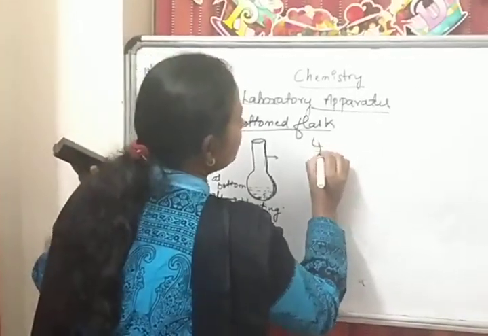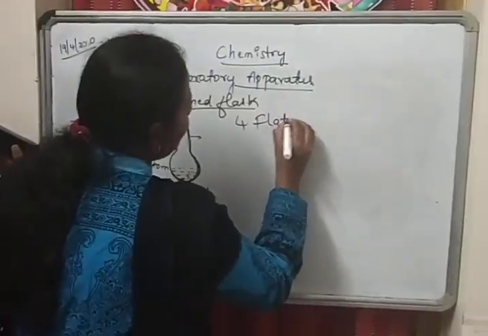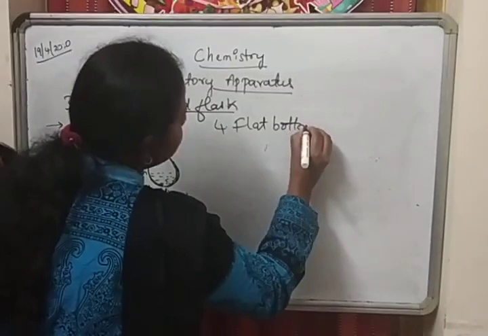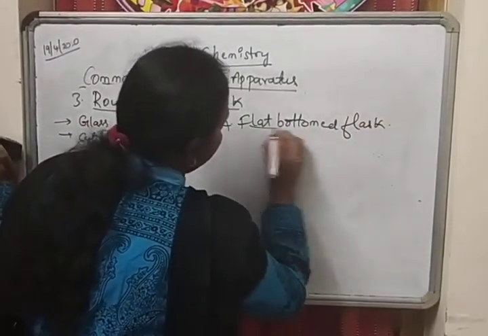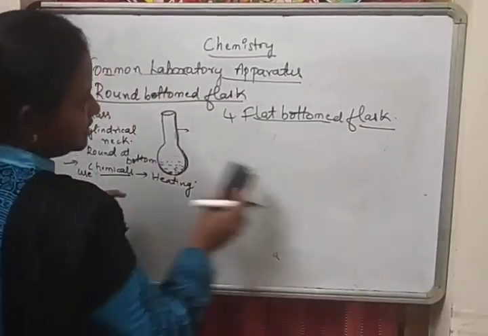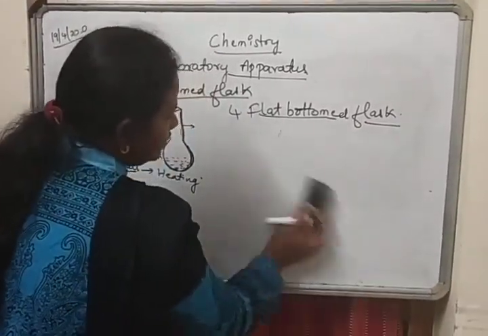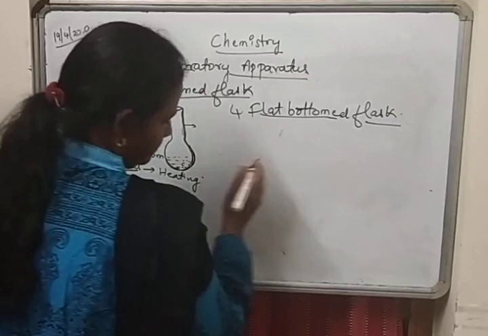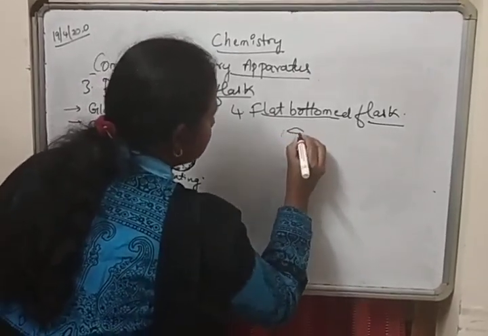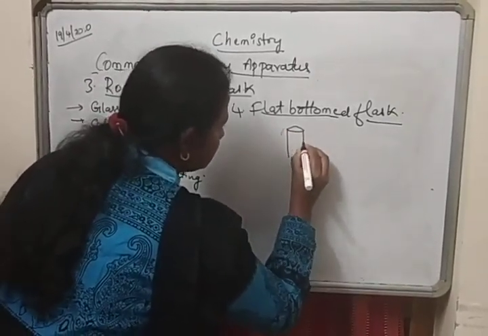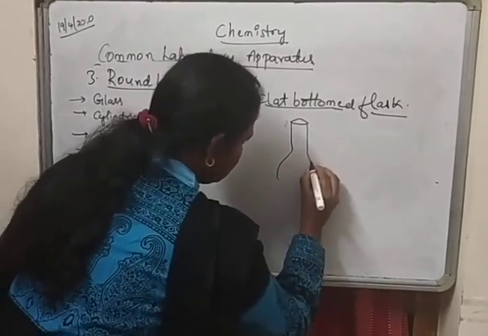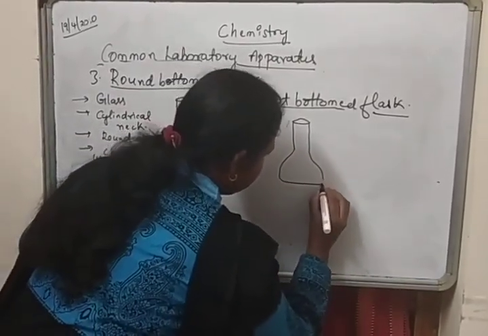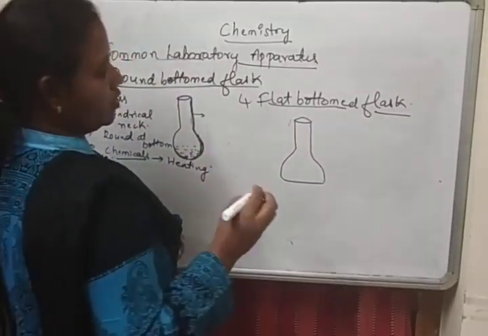Now, the fourth one is the flat bottom flask. So, how is this flat bottom flask?